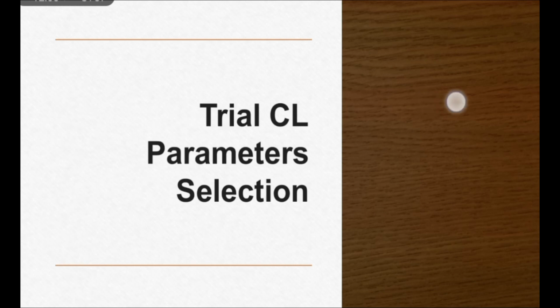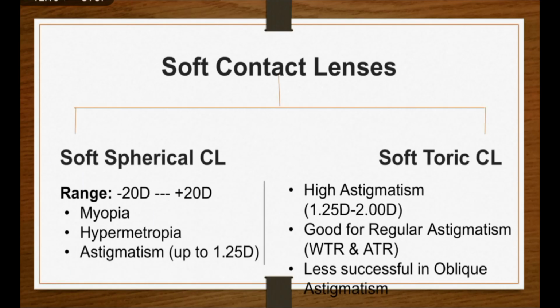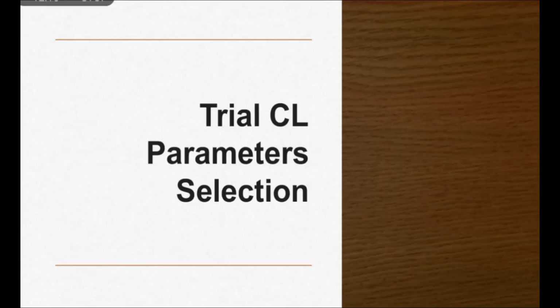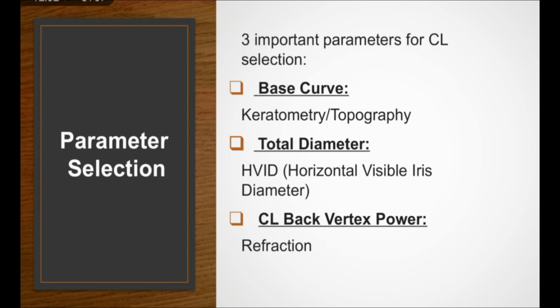So if I have a patient who has myopia, I choose a soft spherical contact lens. Now after selection of the contact lens, I will pick a trial contact lens, and I have to see the parameters. I have to choose which base curve to give to the patient, what the diameter of the contact lens will be, and how much power the patient requires.